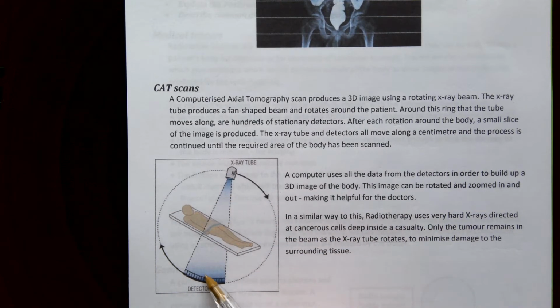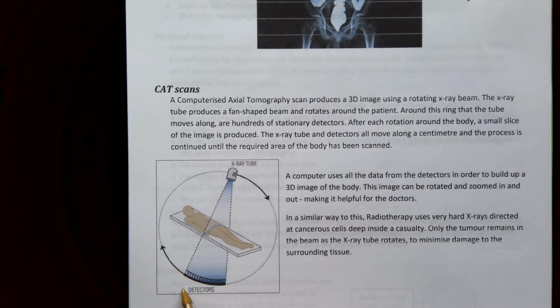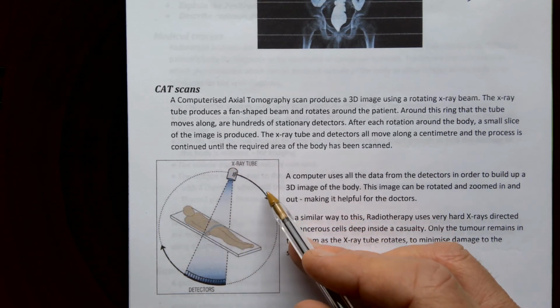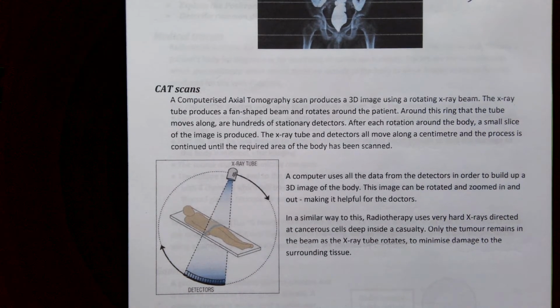So where it's bright, where it is dark, where it's high intensity, where it's low intensity. As this spins around, different detectors will pick that up. So we have a 360-degree ring of detectors, and our X-ray tube is what spins around to take it at different angles.